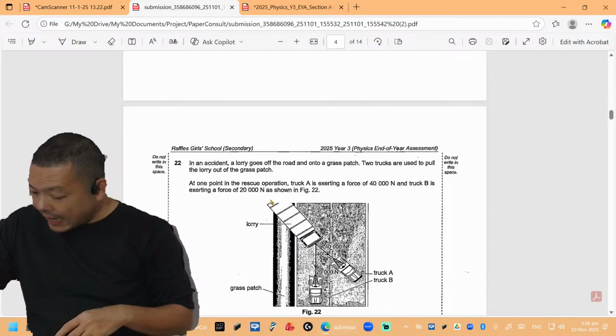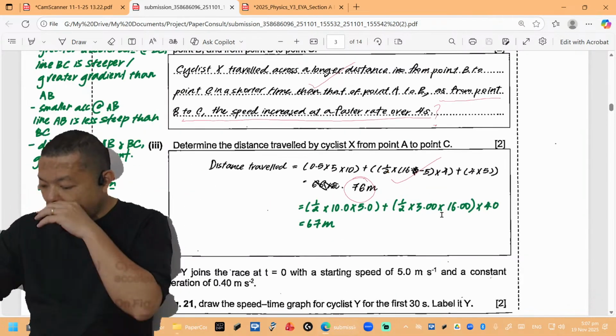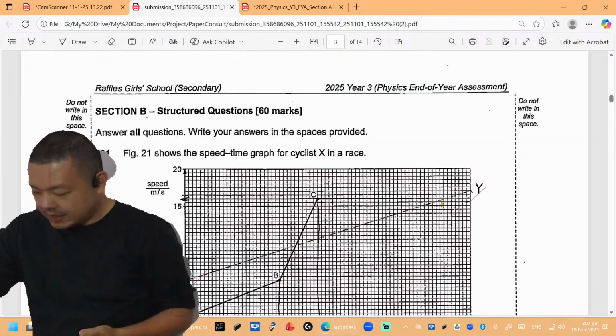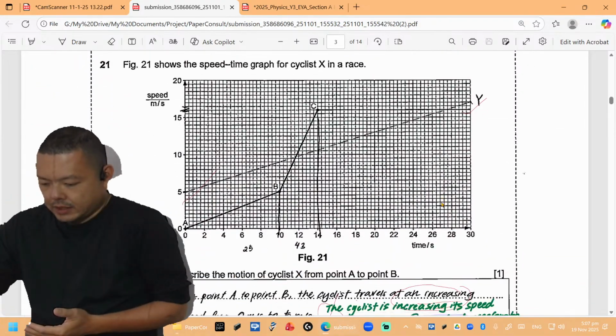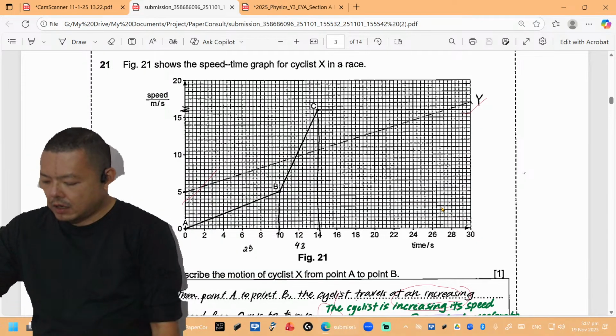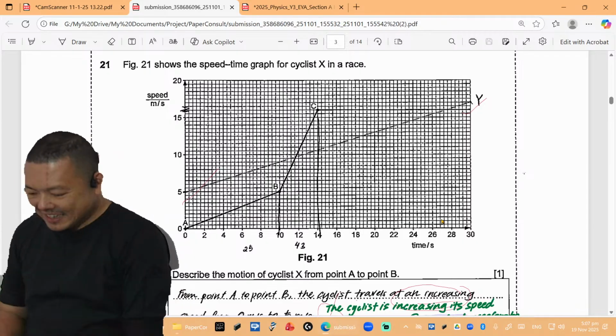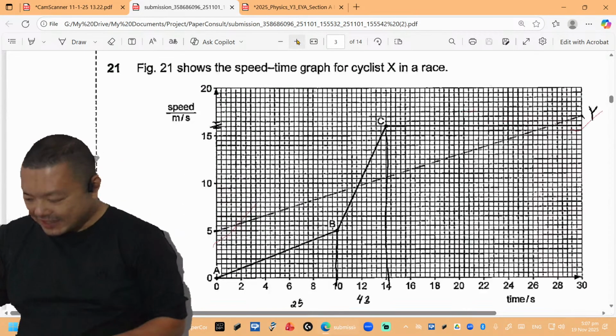21A. The distance traveled from A to C. Area under the graph. That one you don't know, I also don't know. Then you have to look at the values carefully.